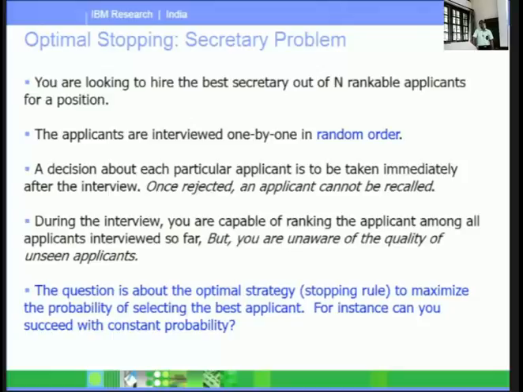What kind of candidate would you like to select? The best candidate. So the question I am asking you is, can you think of a strategy which maximizes the probability with which you pick the best candidate?